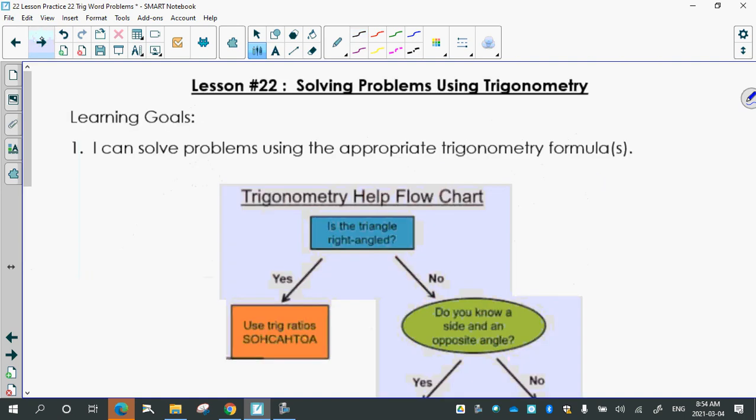All right, so this morning we're going to do word problems involving trigonometry. Second lesson is going to be multi-triangle.